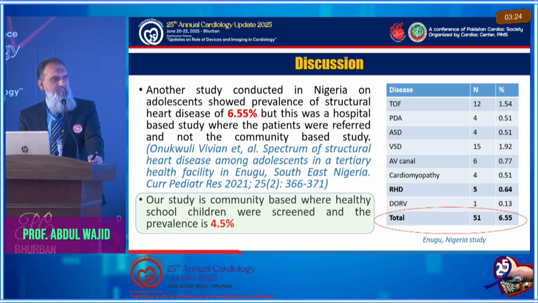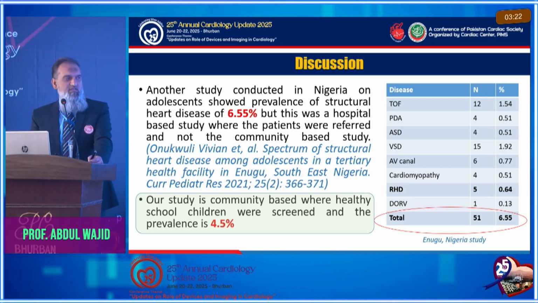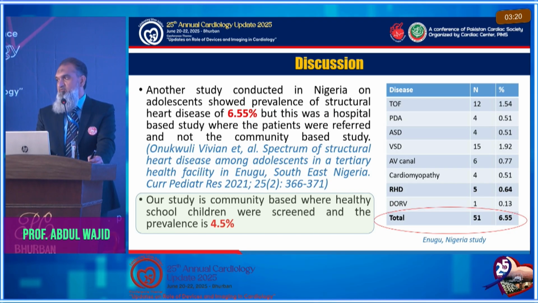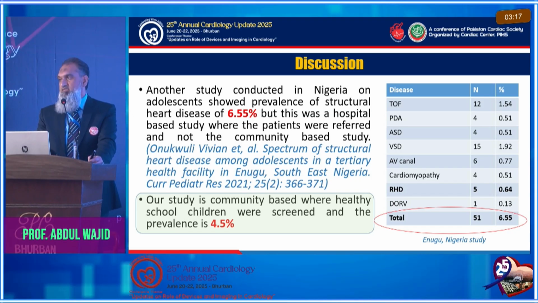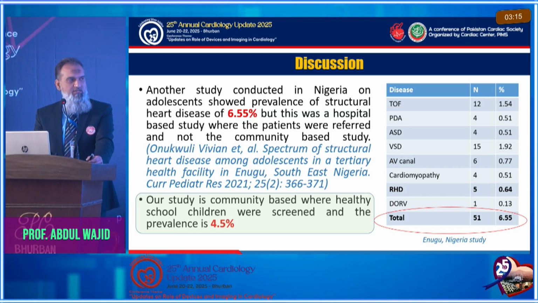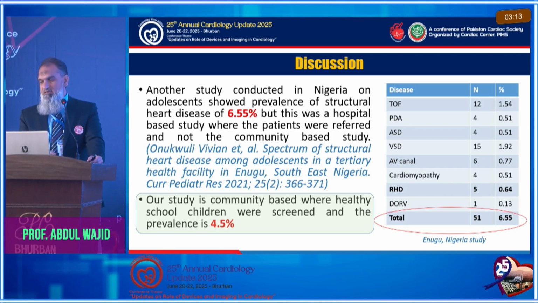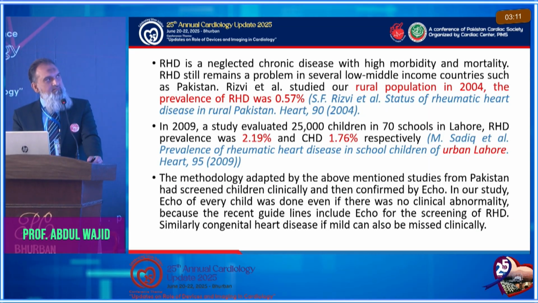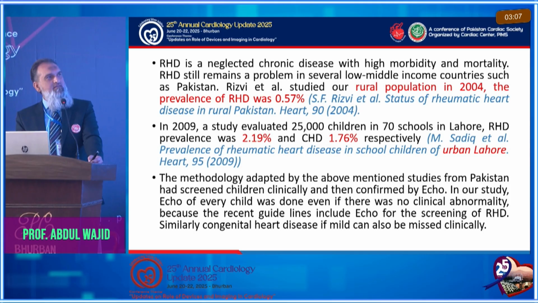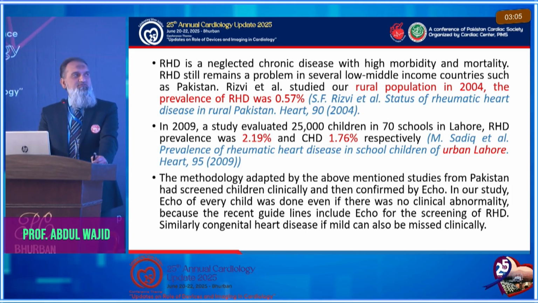Our study is community-based with healthy school children, and the percentage is 4.5%, which is very, very high. In international literature it is around 0.8 to 1%, so ours is 4 times higher. A study by Rizvi et al. in a rural population found the prevalence of rheumatic heart disease to be 0.5%.